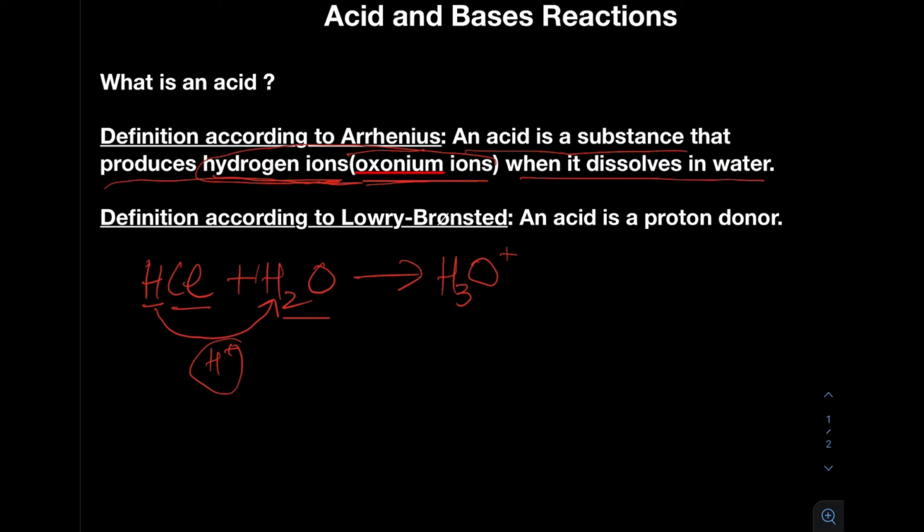What's going to remain is Cl minus, which is a chloride ion. So this acid was dissolved in water, and it produced this oxonium ion, or hydronium ion, right?